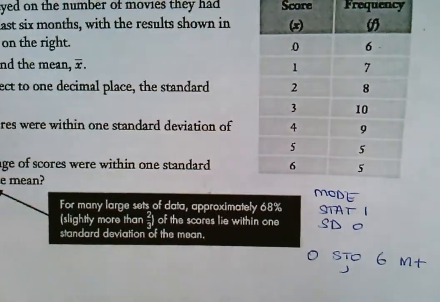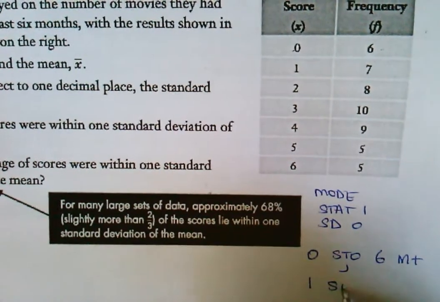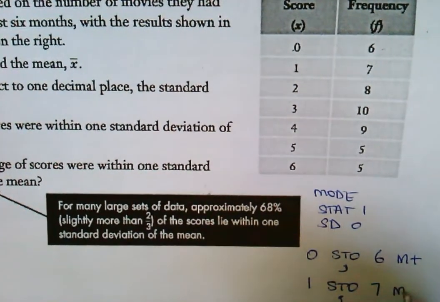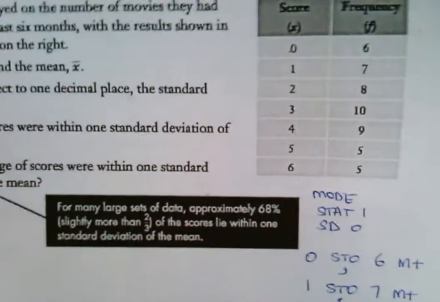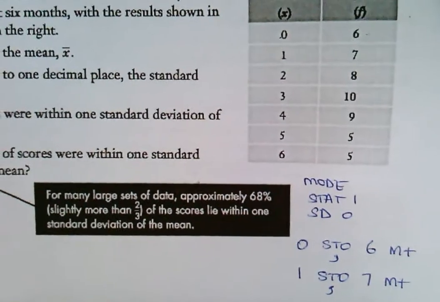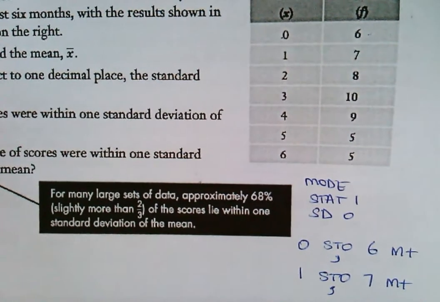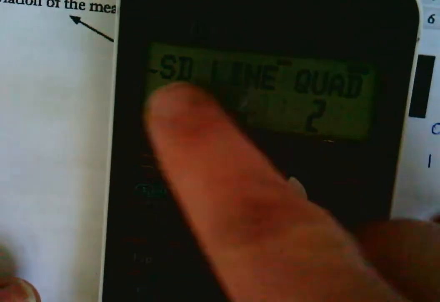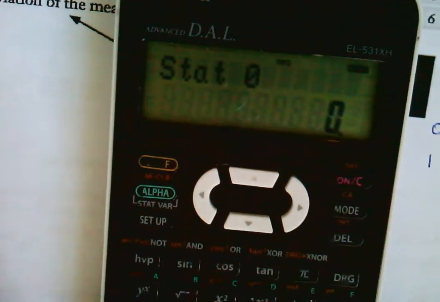Can we try that, please? Then we go 1, STO, I believe, or the comma button, 7, M plus. That's how you enter data from a table into your statistics mode. So mode stat is number 1 and SD is to press a 0, okay?